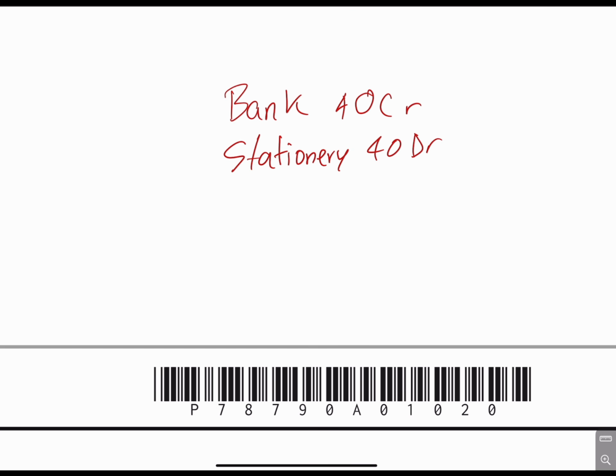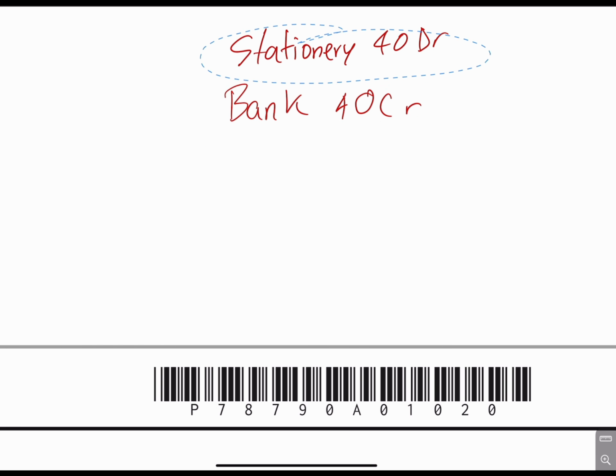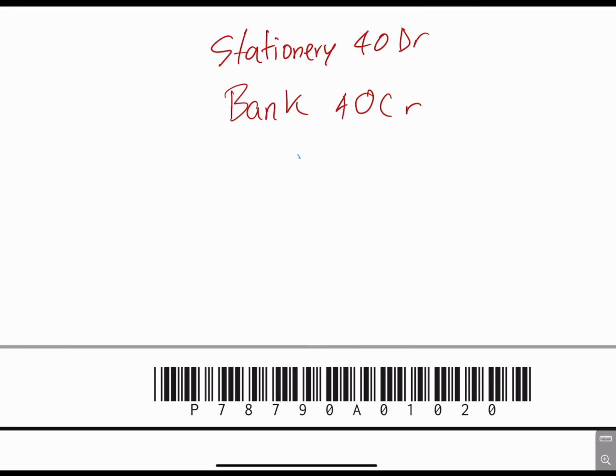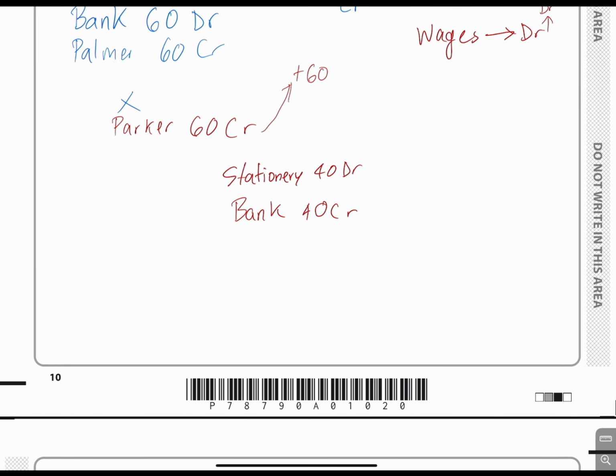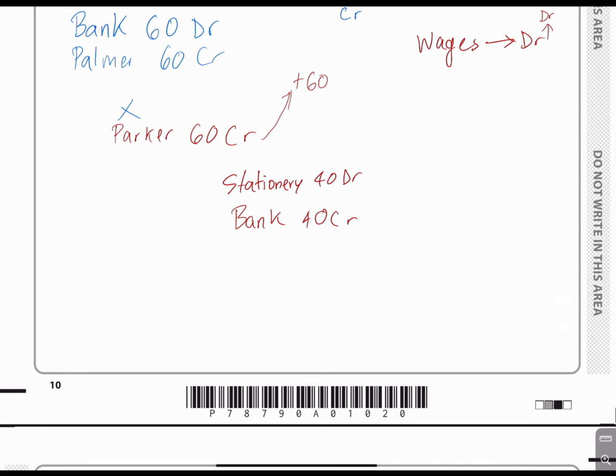This is supposed to be the journal. And how do we treat the account? Now, what has happened? It was recorded as debited to the bank account. It means that you were supposed to reduce the amount from bank, but instead you have increased it, you have debited it.